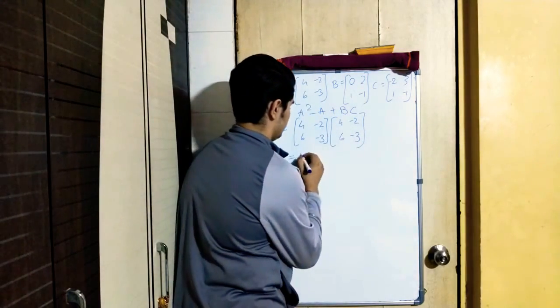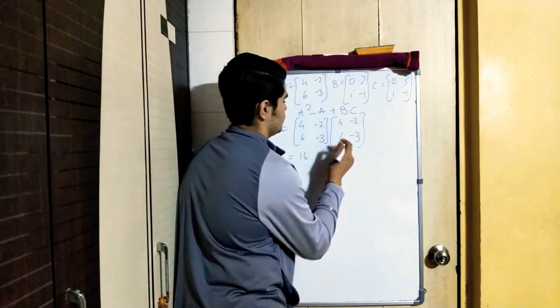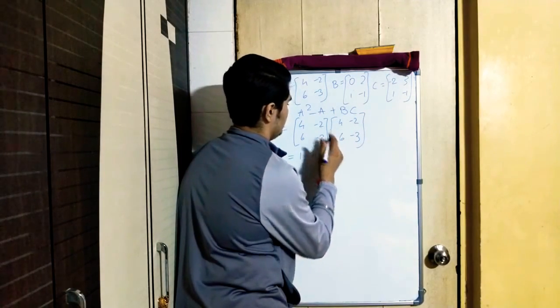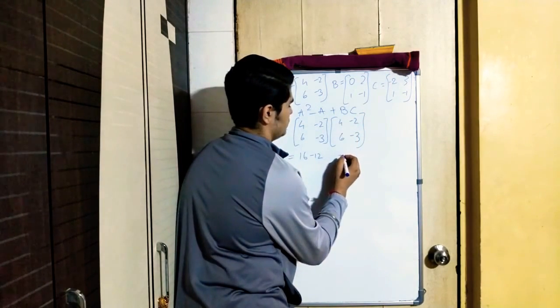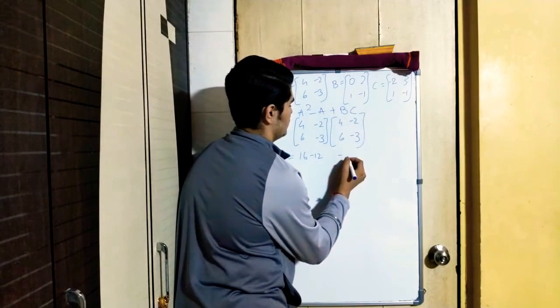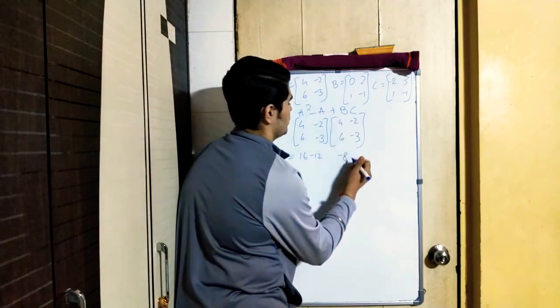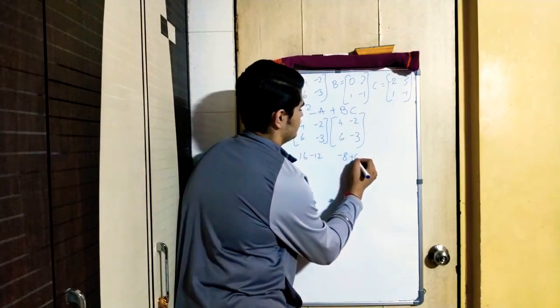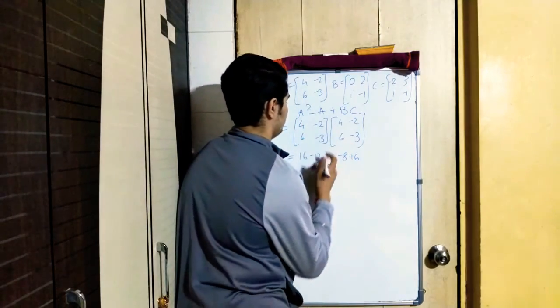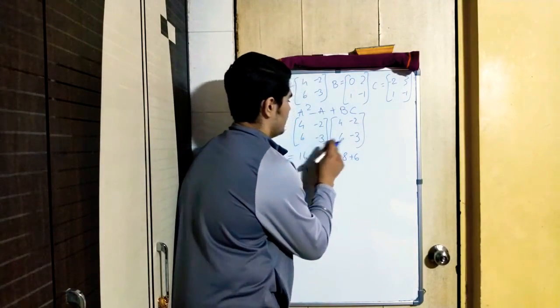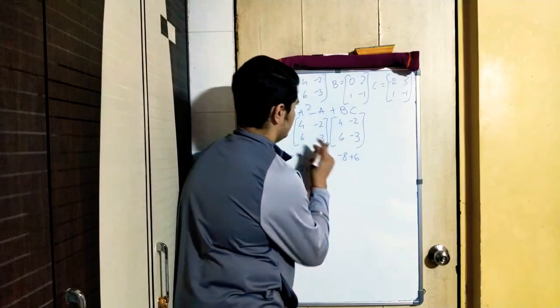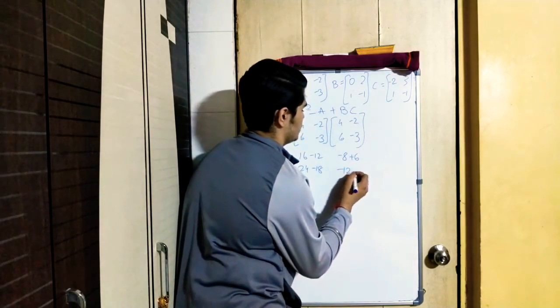So 4 4s are 16. Minus 2 into 6 is minus 12. 4 into minus 2 is minus 8. And minus 2 into minus 3 is plus 6. 6 into 4 is 24. Minus 3 into 6 is minus 18. 6 into minus 2 is minus 12.